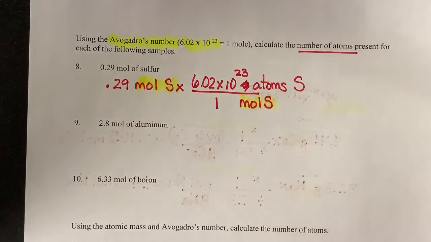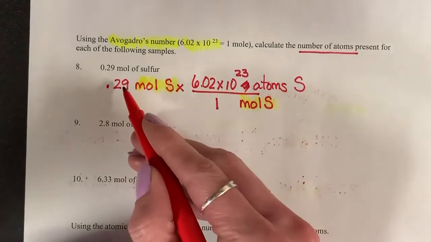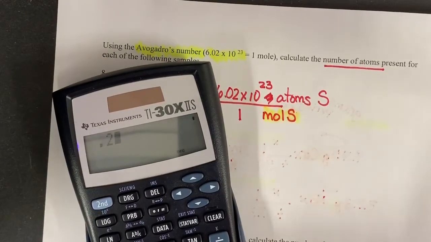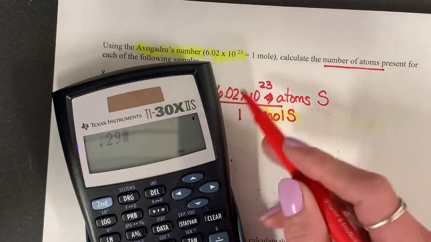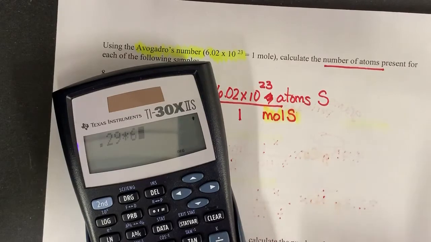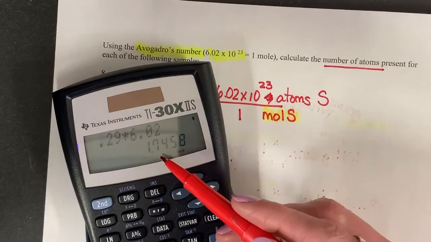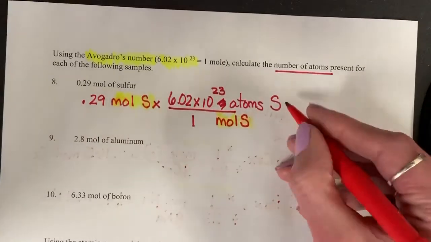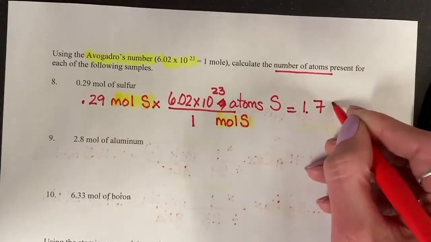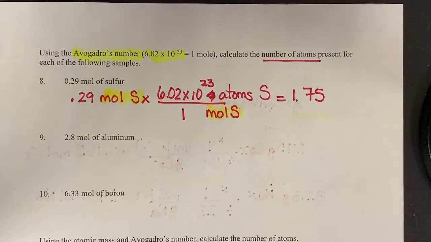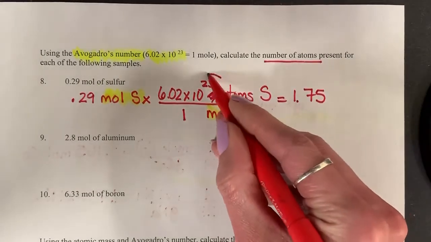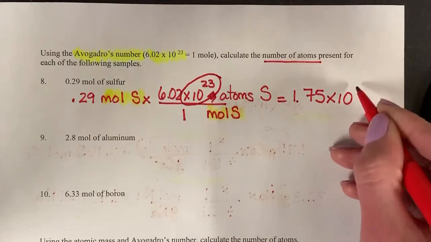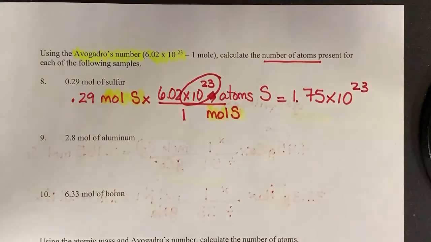I'm going to take 0.29, whoops, sorry, and I'm going to multiply it by 6.02. I get 1.75. But that's not all of it. I know I need to take that number and multiply that by 10 to the 23rd.